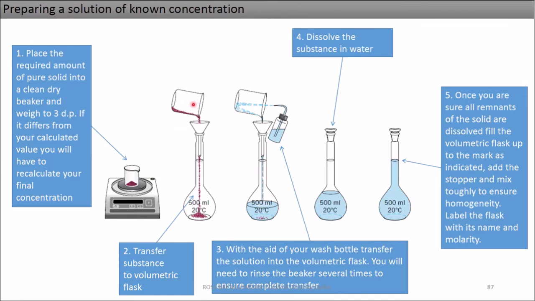Then you transfer the mass into the volumetric flask. You then wash the beaker you used to measure the mass with distilled water and drain it through, just in case there are any bits of powder left over.